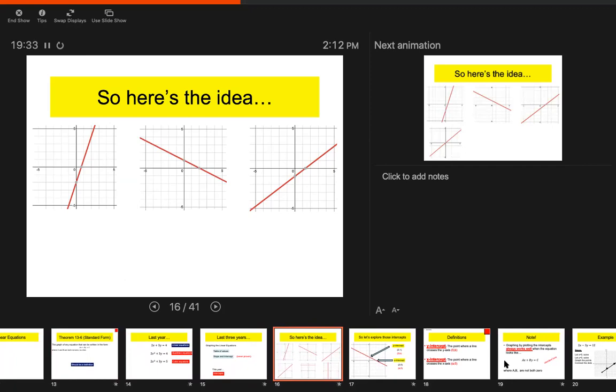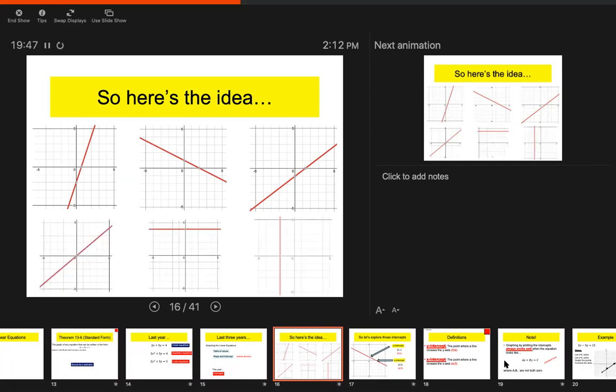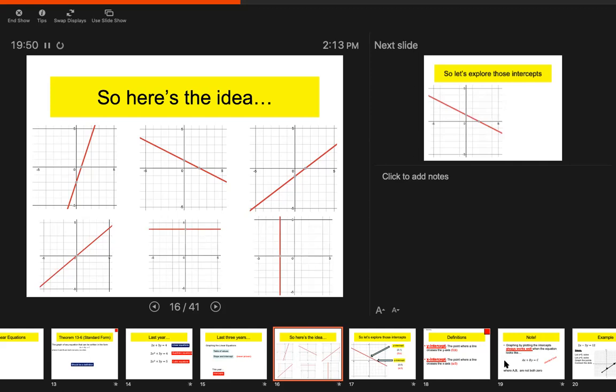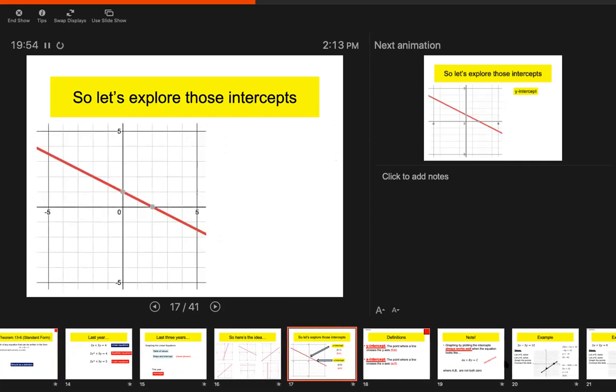They must cross at least one. Most lines cross two. Most lines will cross both the x-axis and the y-axis. The only ones that don't cross both are the last two there. But they do cross at least one. Okay? So let's explore that.